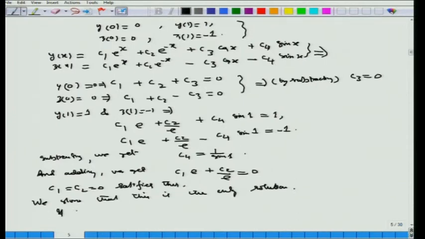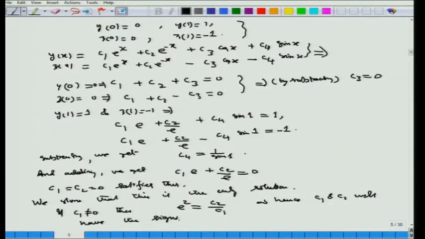Since if c1 is not 0, then clearly we get e² = −c2/c1, and hence c1 and c2 will have the same sign. But then c1 e + c2/e cannot be 0.